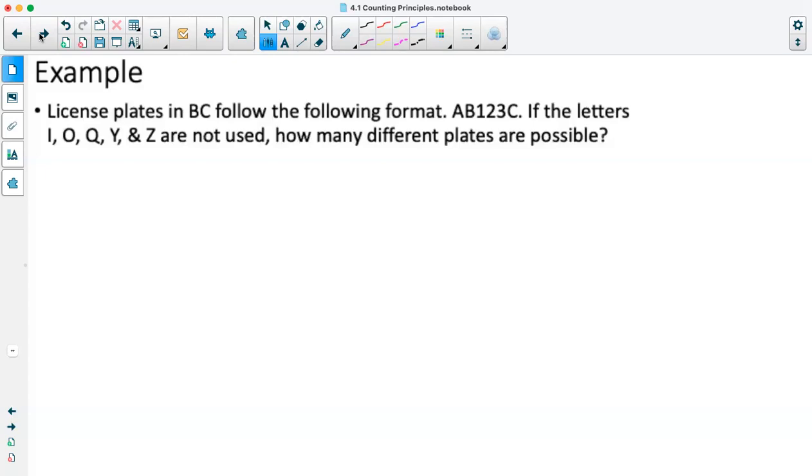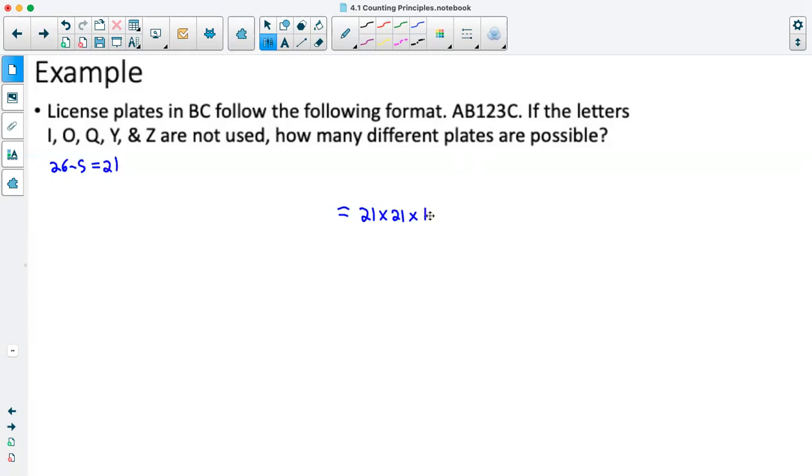What's going to be helpful for this is knowing how many letters there are in the alphabet. So there's 26 letters, but we can't use 5 letters. So 26 minus 5 gives us 21 options for our letters. So our first one was a letter, so that's going to be 21. Second one was a letter, so that's going to be 21. Now, our digits would go from 0 to 9 because it hasn't stated otherwise, so that's actually going to be 10 digits for each of these.